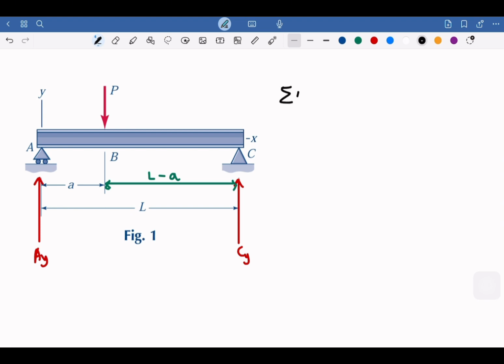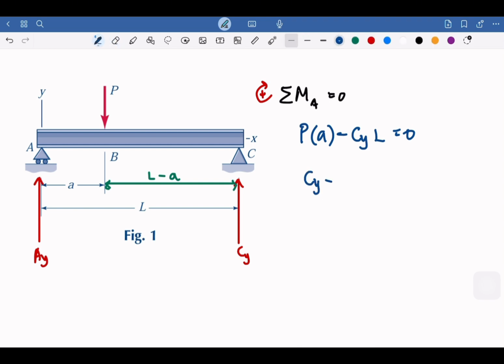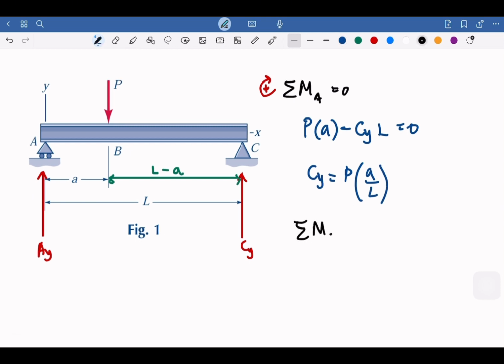Okay, and then as usual, always start with taking the equilibrium for the moment. So taking moments about A, for example, and taking this as positive, we get PA minus CY L. So CY is PA over L. And similarly, if we take the sum of moments about C, we get AY times L, and then minus P times (L minus A).